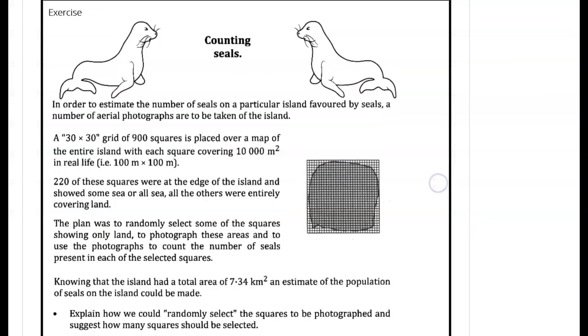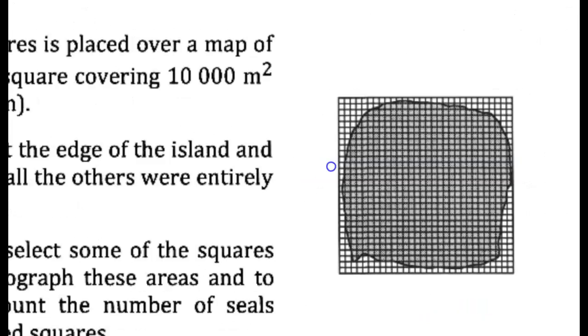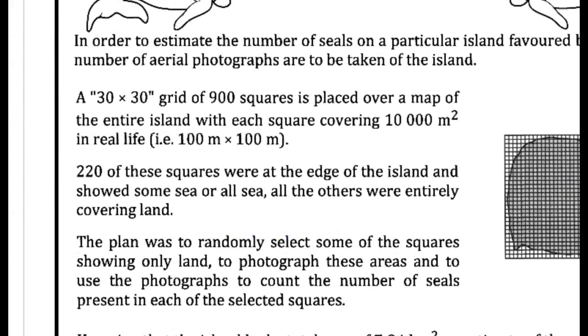So this final question before we do some practice is just more out of interest because it's a bit different. This is more a geological type question. We're looking at seals. You can see here those 900 squares that have been placed on that grid are all representative of an area that in real life covers 10,000 metres squared.